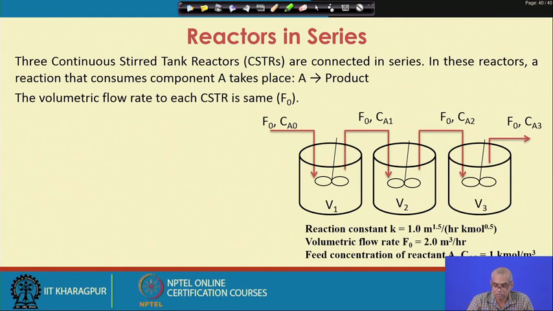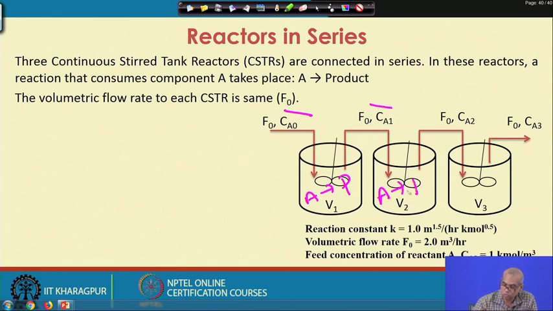Inlet concentration to reactor 1 is Ca0, and then here the reaction A to products takes place. So, the concentration of the stream that goes from CSTR 1 to CSTR 2 is Ca1. Here also the A to products reaction takes place.